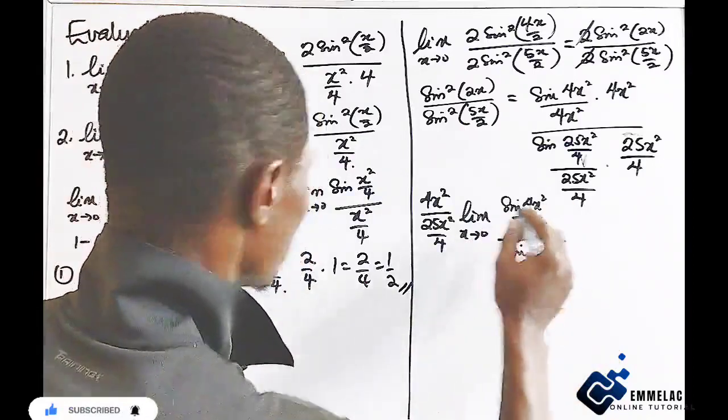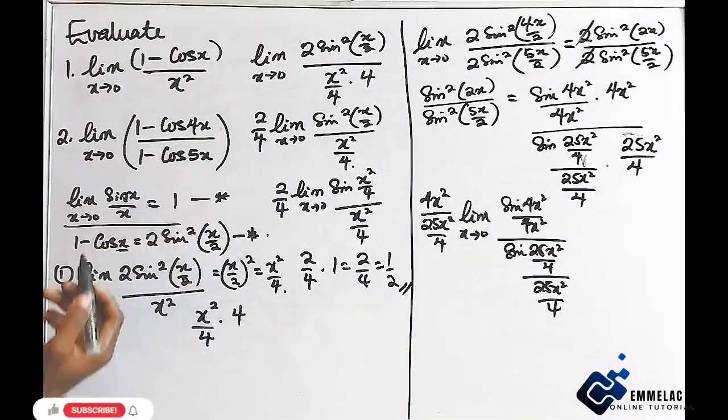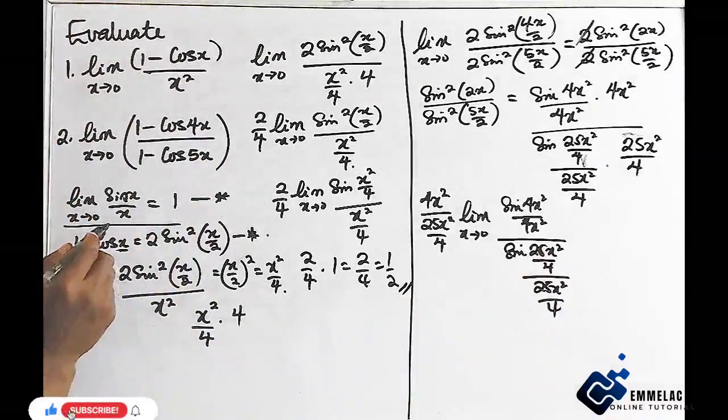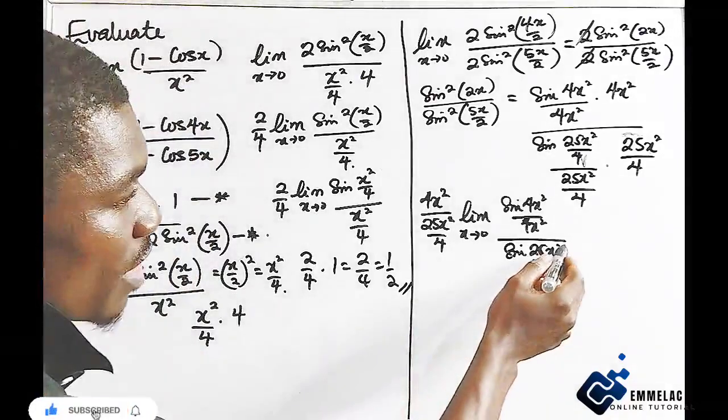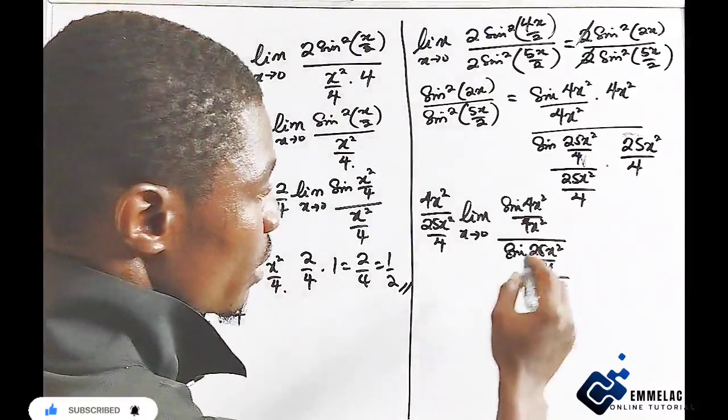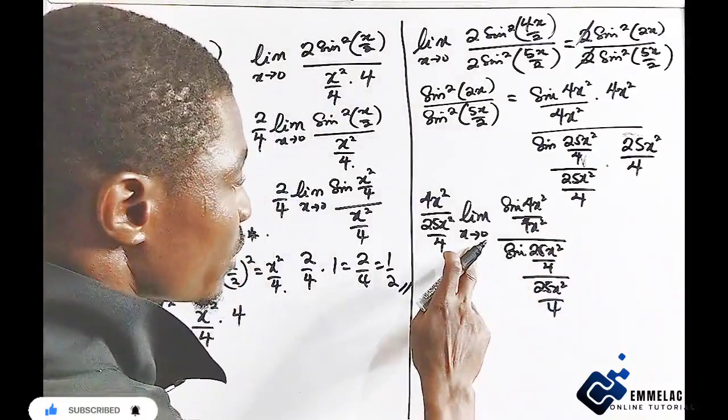Take note, the whole of the numerator, which is similar to this rule, equals 1. The whole of the denominator, which is similar to this, where x is 25x squared all over 4, also equals 1.